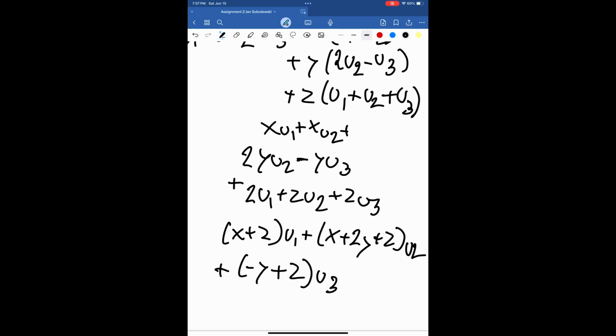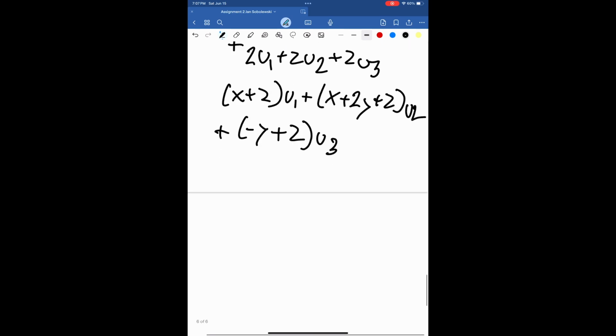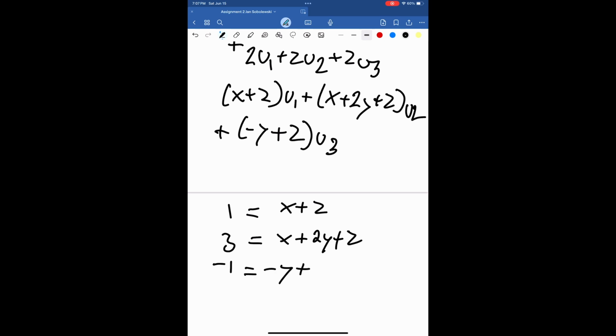So now we can express the product of u1 plus 3u2 minus u3 as a thing. So we got this, this, this. So now we can prove it's a linear combination of this. Hopefully no mistakes.